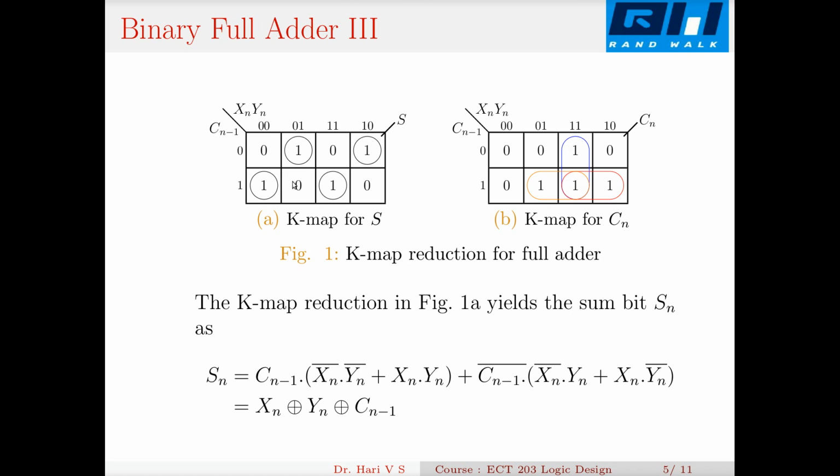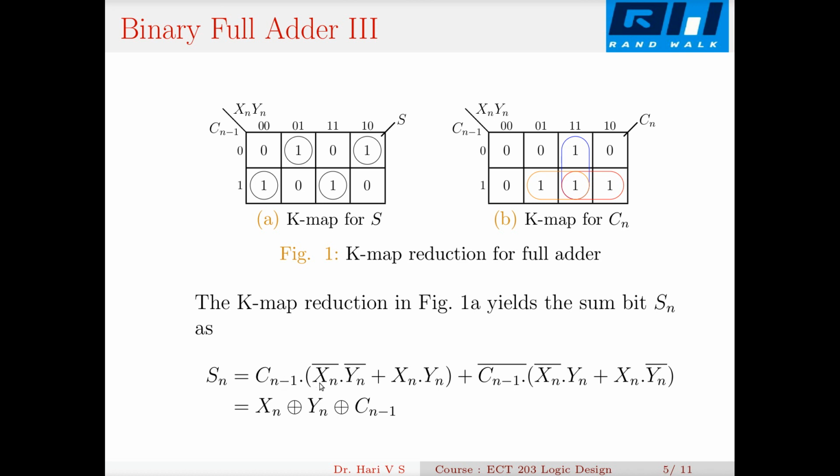Now you can see that in this map for the sum, we have 4 singles rather than pairs or quads. If I focus on these two singles, here cn minus 1 is 1. The corresponding minterm is cn minus 1 xn complement yn complement.